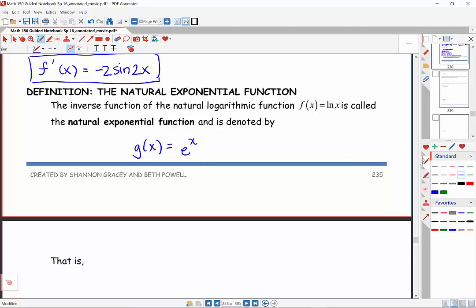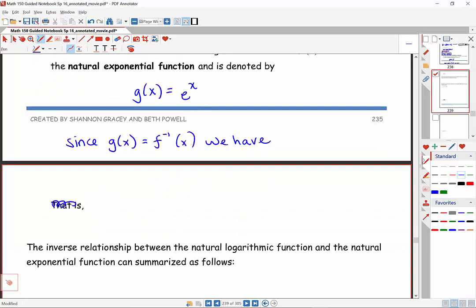All right, so basically g of x is also equal to f inverse of x. We have f evaluated at g of x is equal to x, which is equal to g evaluated at f of x.